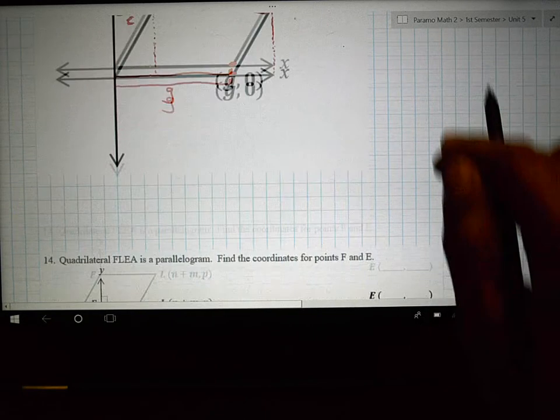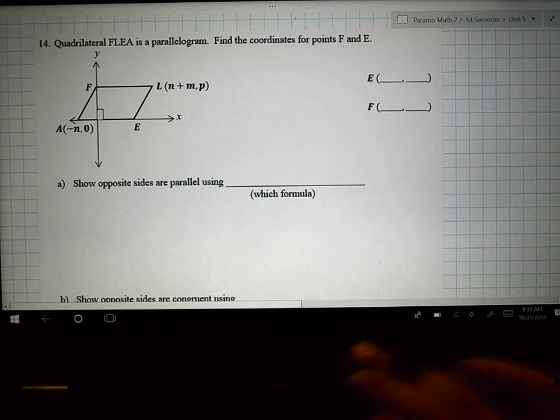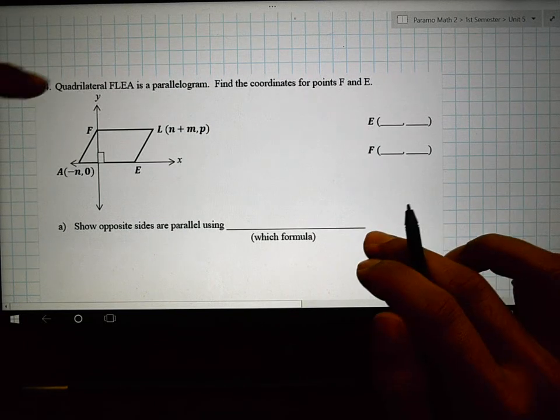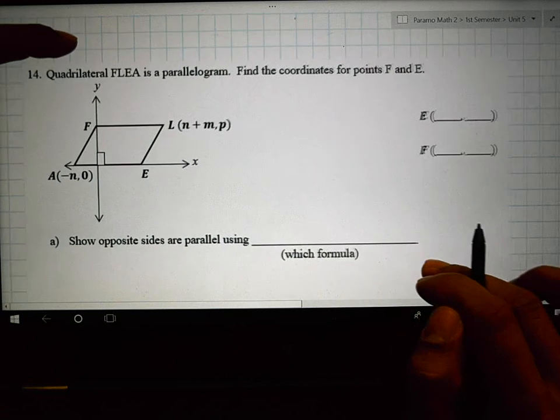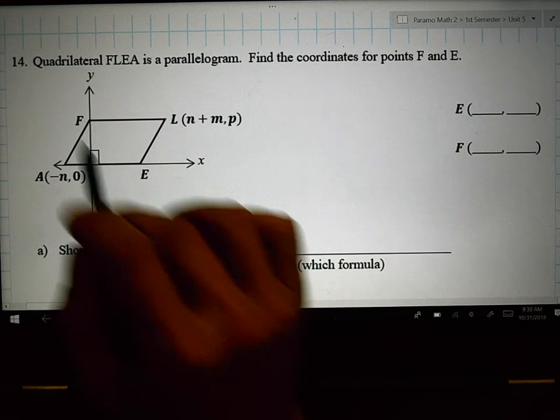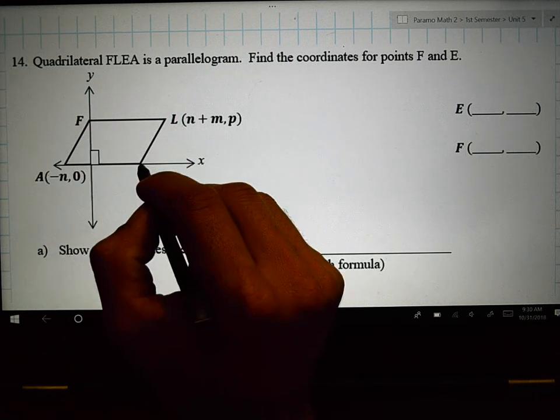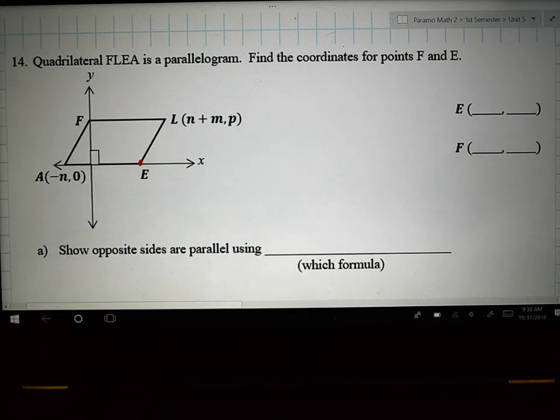Last example is number 14. Number 14 says, quadrilateral FLEA is a parallelogram. Find the coordinates for points F and E. So we need to figure out where E is, and we need to figure out where F is.